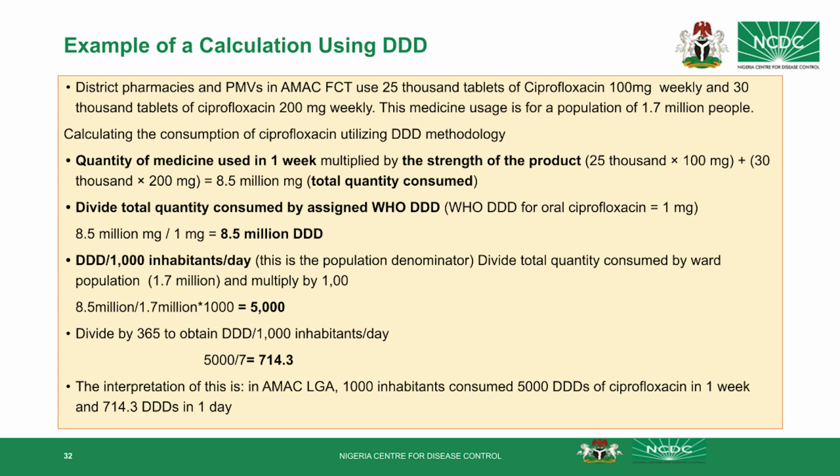If you were to calculate the consumption of ciprofloxacin utilizing DDD methodology, it will translate into 5,000 defined daily doses of ciprofloxacin in 1 week and 714.3 defined daily doses in 1 day.